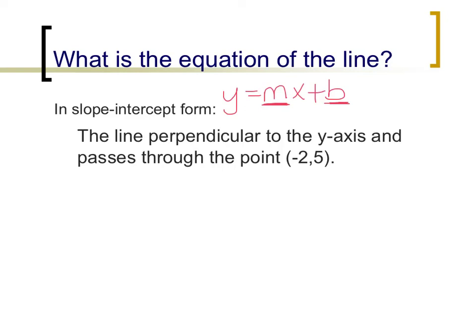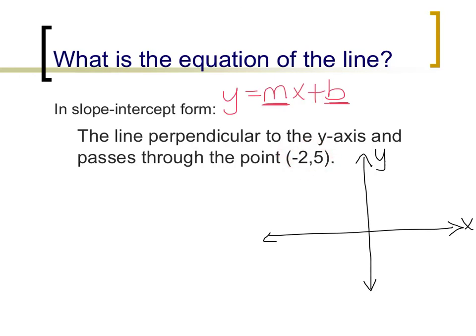Now, since we're dealing with a line that is perpendicular to the y-axis, let's go ahead and draw a coordinate plane. Here we have the y-axis, the x-axis. Since our line is going to be perpendicular to the y-axis, perpendicular means it intersects the y-axis at a 90-degree angle. This line is going to pass through the point (-2, 5).